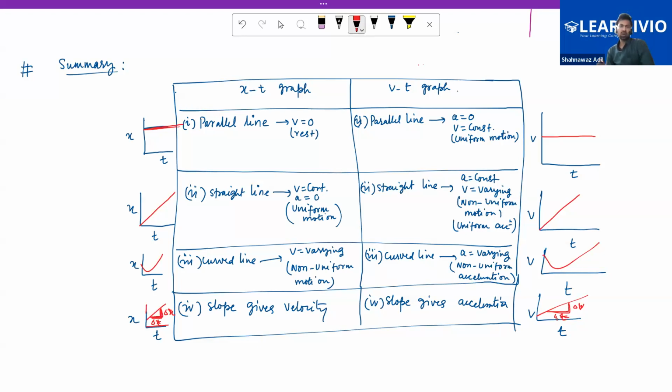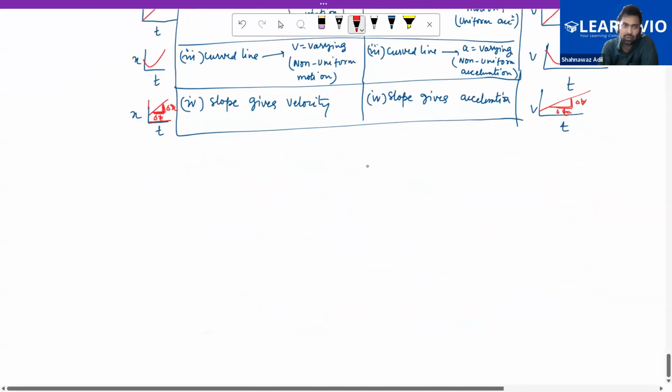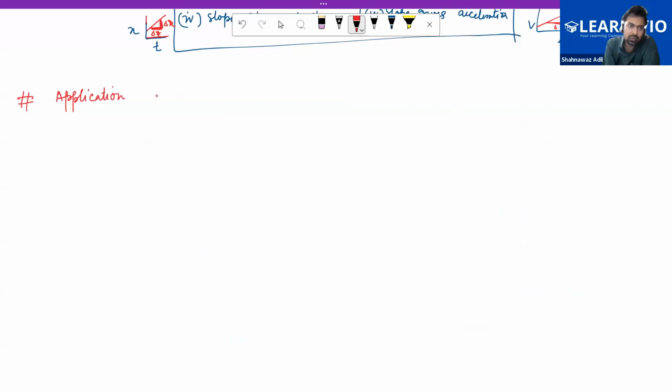Now, what is the use of this vt graph? This is not in detail; we will talk about the vt graph in detail. So the next topic is the application of the vt graph.